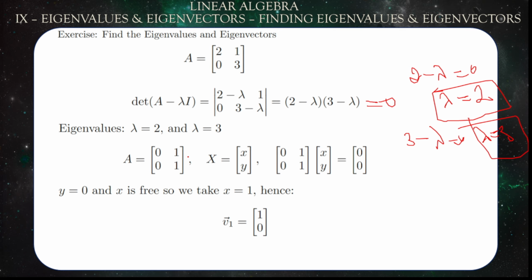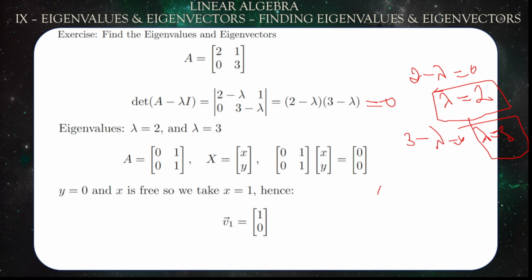Now for lambda equal 2, you simply place lambda equal 2 within the original A minus lambda I matrix, so you get 0, 1, 0, 1. Let us assume the vector X is equal to x, y.